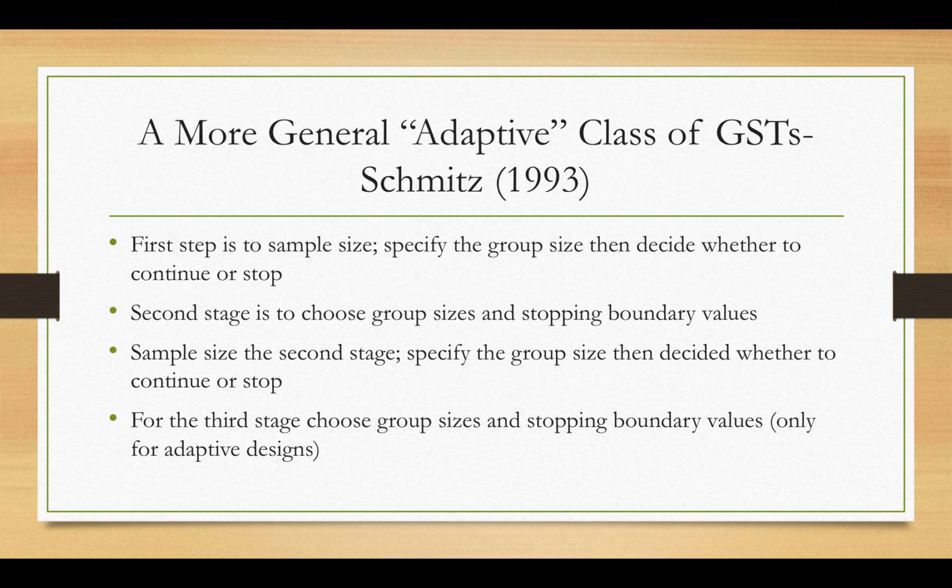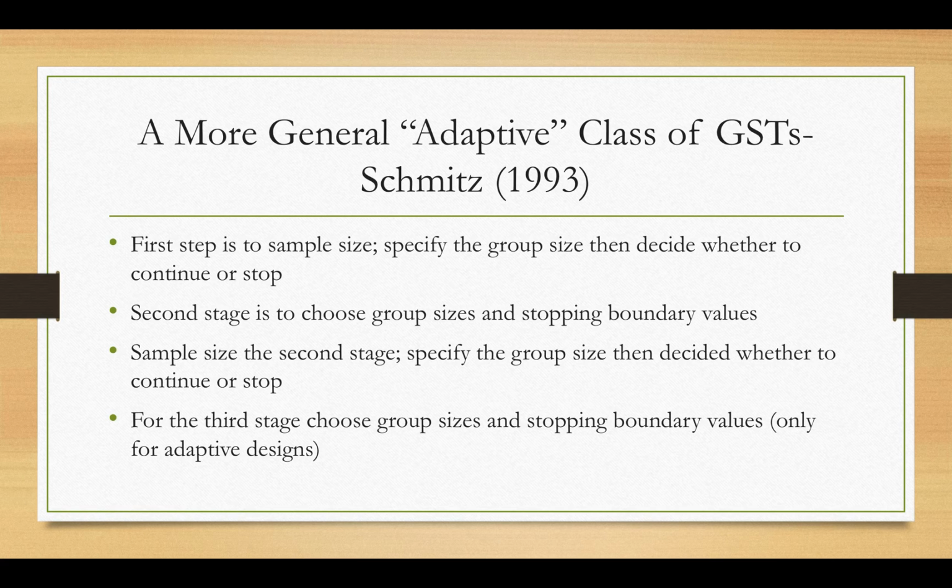So Schmidt's thesis was done on a more general adaptive class of GSTs, which was covered in the lecture. I wanted to go over this one a little bit with you guys because I found it pretty interesting and might be useful for this lecture. So the first step is to sample, specify the group size, then decide whether to continue or stop.